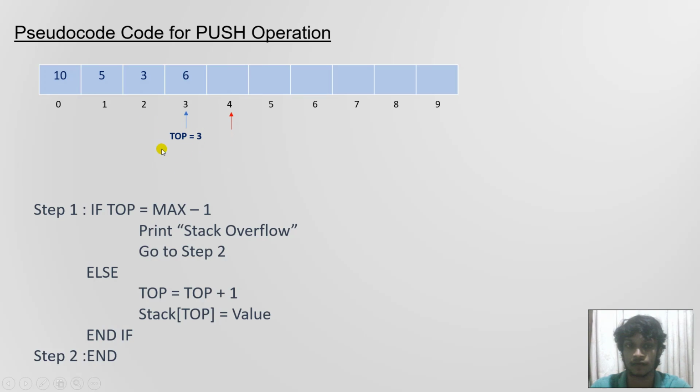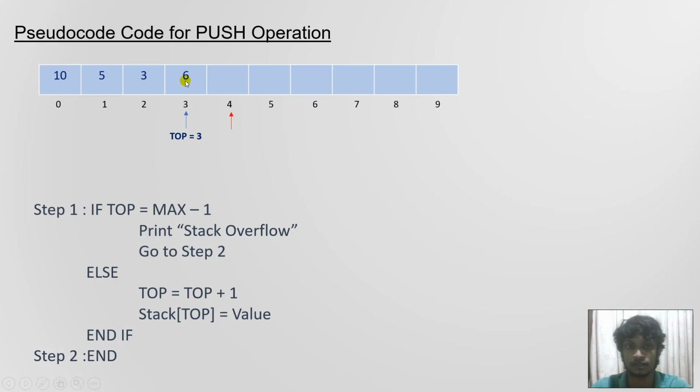If I want to insert another element into this stack, it should go at the 4th index, otherwise it can't happen, because a stack can only perform its operations at the topmost location. If I consider my topmost location as 3 and perform my insertion operation at this point, 6 will be overwritten. 6 will be removed and another value written at that location, which is not what we want.